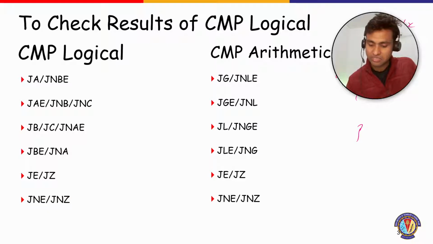Then, based on what this greater than sign is, you try to encode it in some jump statement. If this is a logical comparison, it can be jump above, jump below, jump equal to, jump not equal to.